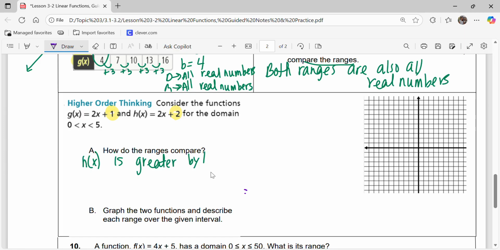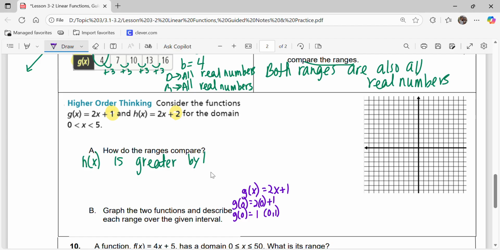All right, starting with g of x. The smallest domain is the 0, so that's the smallest input that is going to be going in. 2 times 0 is 0, plus 1 is 1, so this would be 0, comma 1.